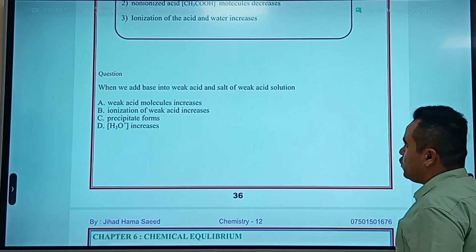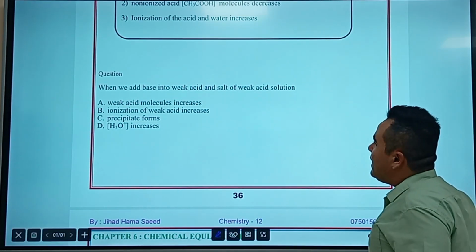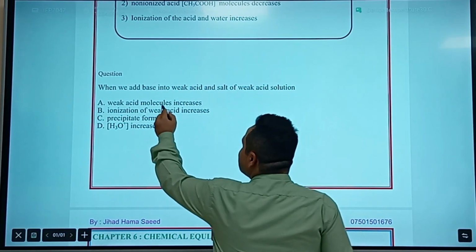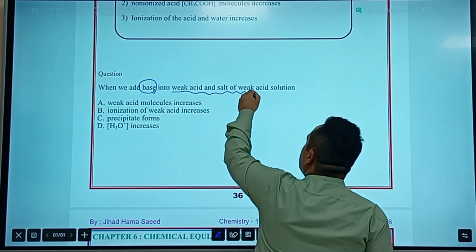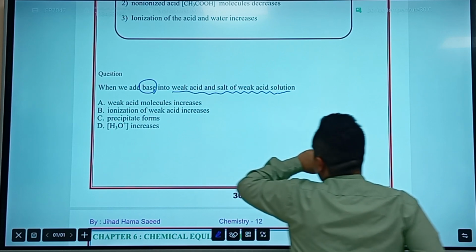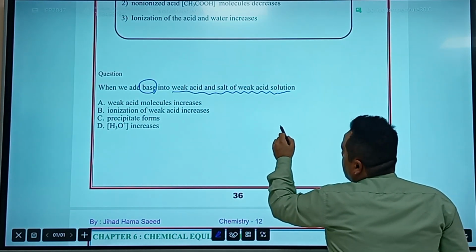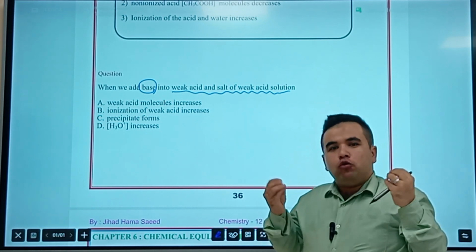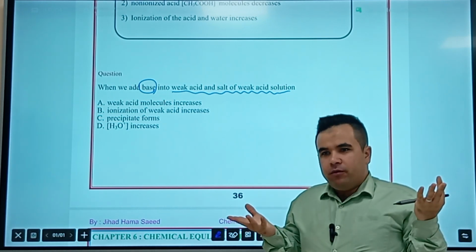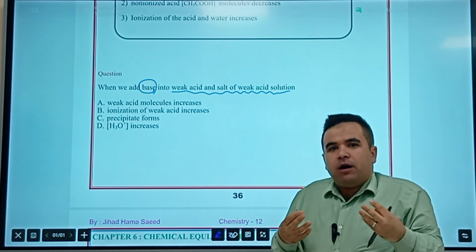Let us answer this question, guys. A base is added into a weak acid and the salt of a weak acid solution. Guys, a tip for the ministerial exam: how to know whether the solution is a buffer, how to know the question talks about a buffer.